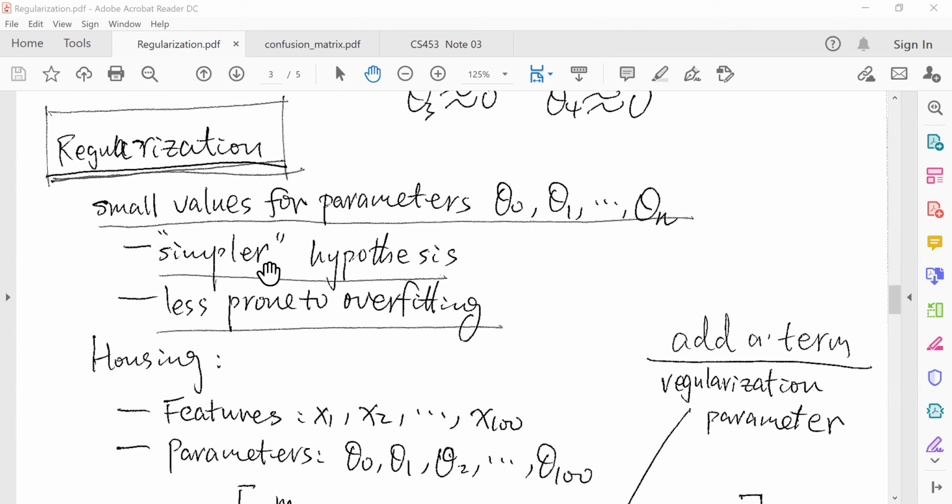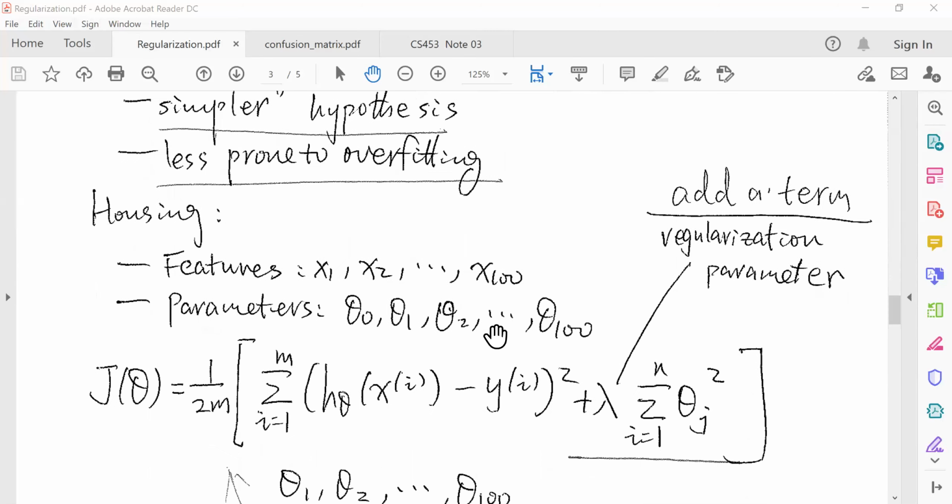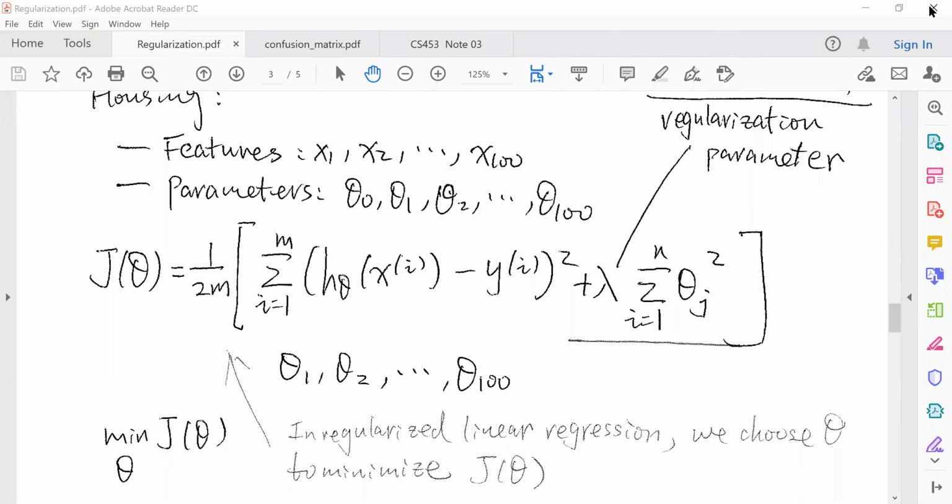Regularization: if you have overly simple hypotheses, it can cause underfitting, but if you have overly complicated hypotheses, it can cause overfitting. So what is regularization?